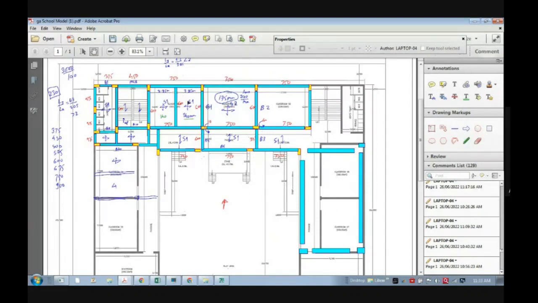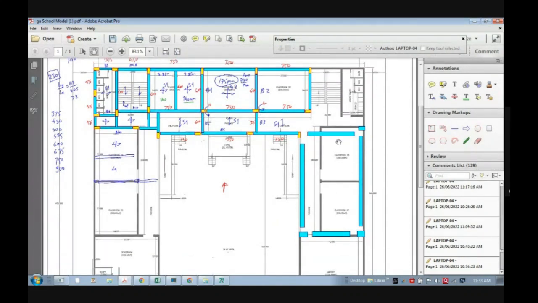Why to provide 8 columns यहाँ? Because I know that once you have fewer columns, fewer beams, then there is a problem for it.